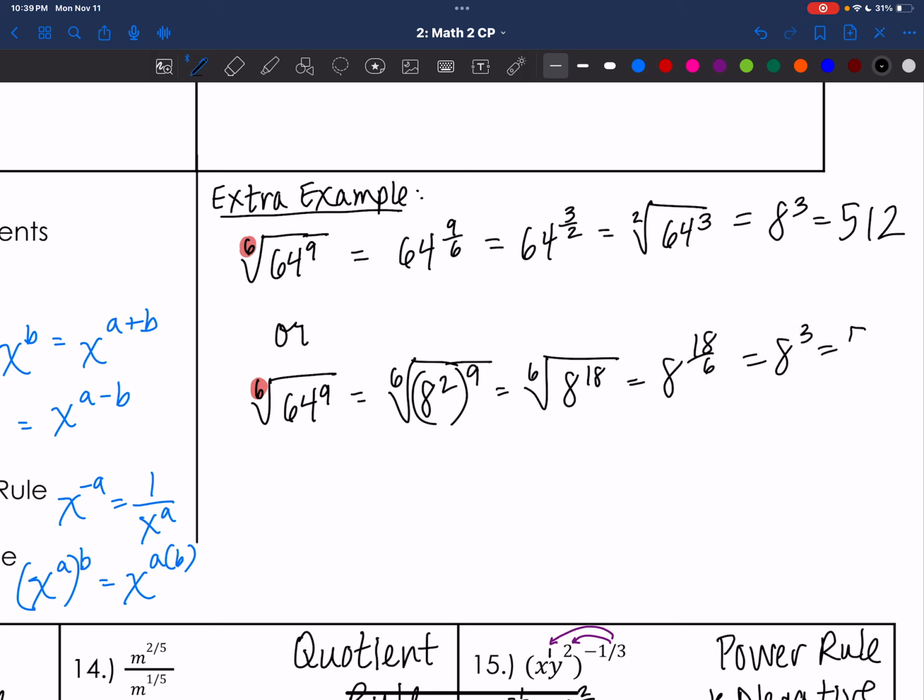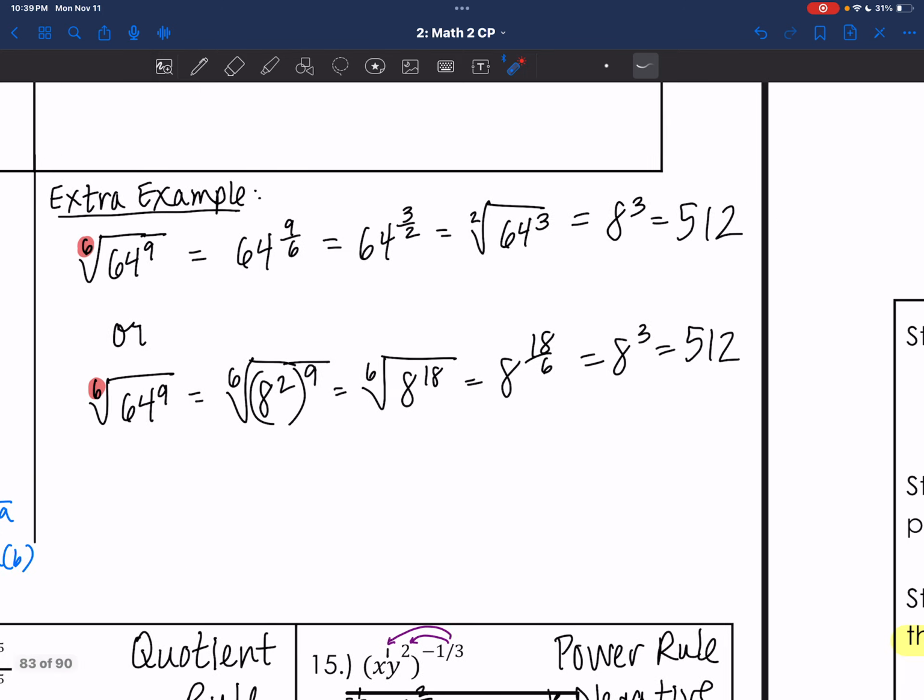And we'll talk a little bit more about that later, but if you notice, that's where I got that. And then that simplifies a little bit easier, and you have a much smaller number to deal with, but you still get the same answer at the end.